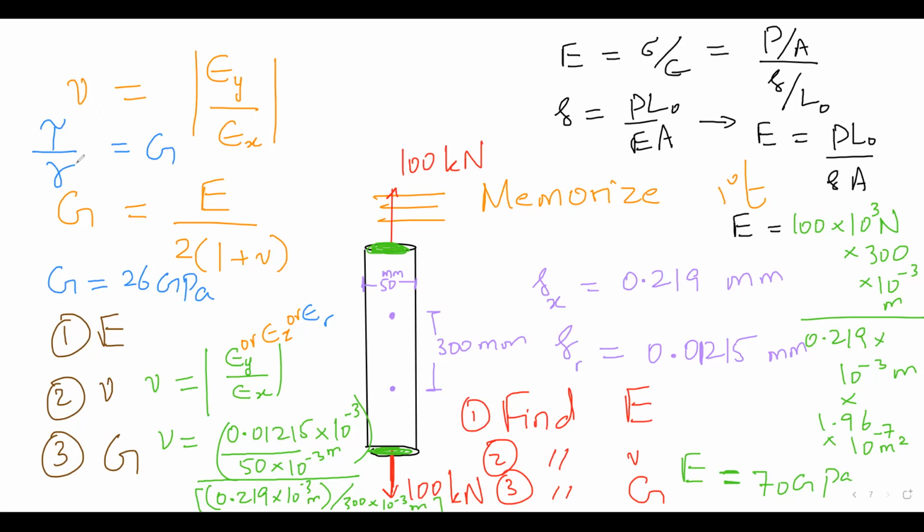What do we find for the Poisson ratio? Poisson's ratio is 0.33. I think I need to stop using this green color. It's not that visible, no? Next time I will not use it.